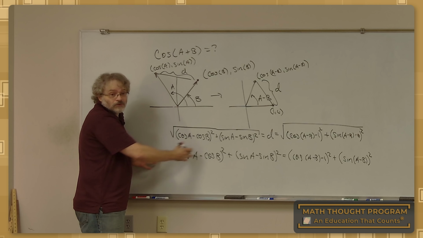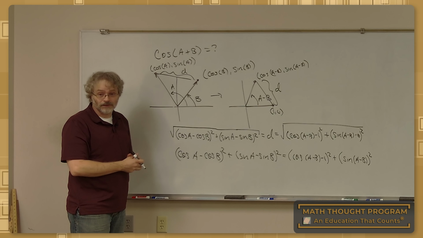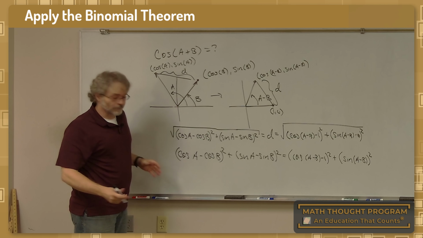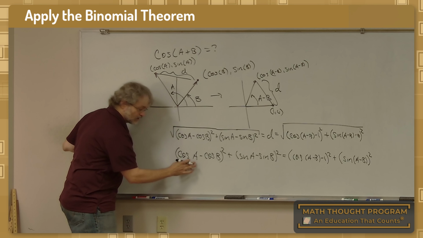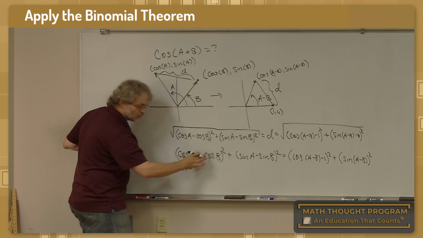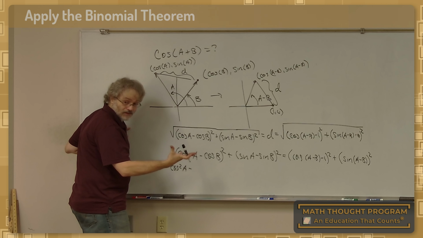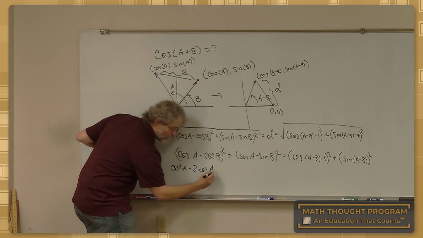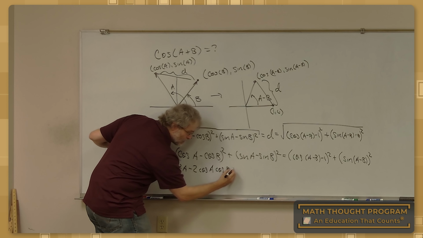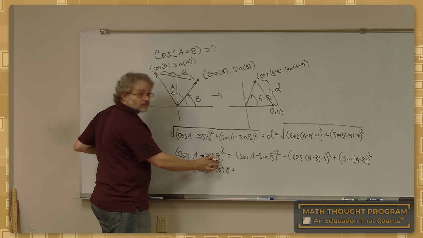And whenever you see a binomial, we can expand it out by applying the binomial theorem. Cosine squared of A: take the first term and square it. This term times this term, times 2, so 2 cosine A cosine B, and don't forget the last term, square the last term.